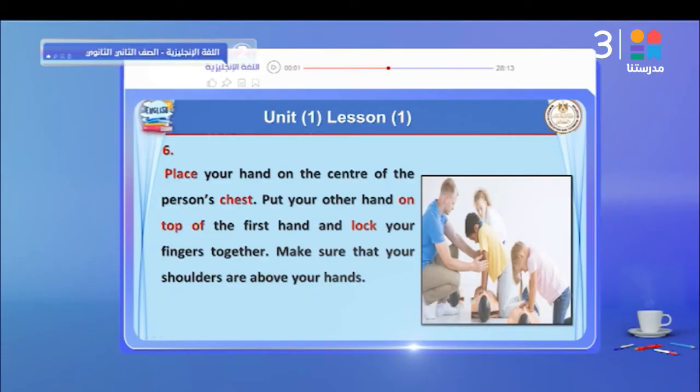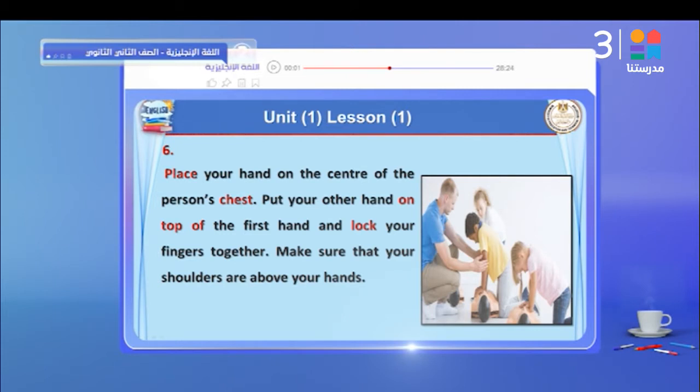So the word place is a verb here and it gives the meaning of the word put. يضع. Okay? Place your hand on the center يعني حط ايديك على السنتر of the person's chest على منطقة الصدر بتاعت الشخص. زي like what they do here in the picture أو زي ما هم بيعملوا في الصورة. Okay? Of course the word chest means المنطقة بتاعت الصدر بتاع البني آدم.